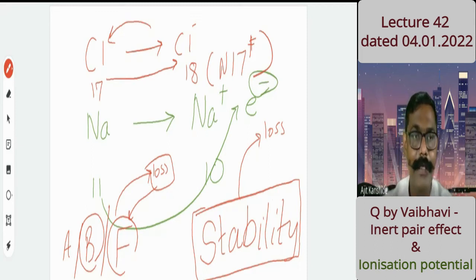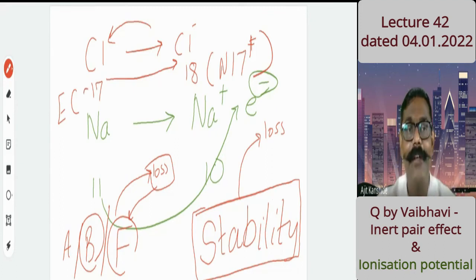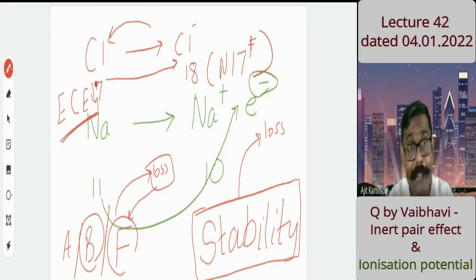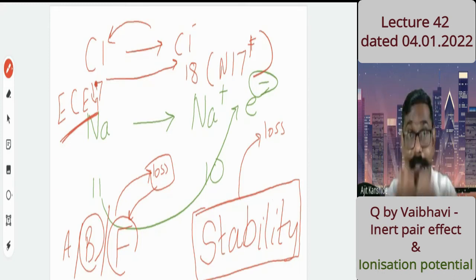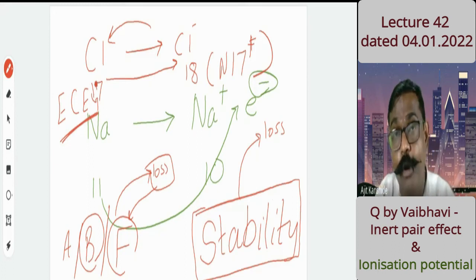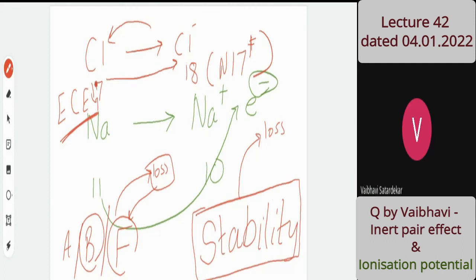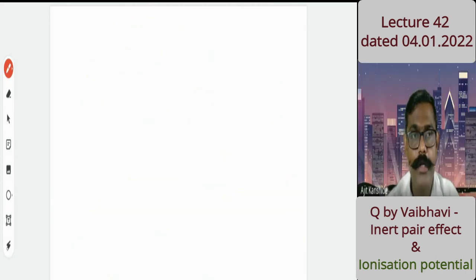That is called the enthalpy change during electron gain. Electron gain enthalpy change. So if electron gain is there, answer my question: the electron is absorbed, taken in, a new attraction is formed. Will the net result be loss of energy or gain of energy? Loss of energy. Any more? Are you understanding my question?